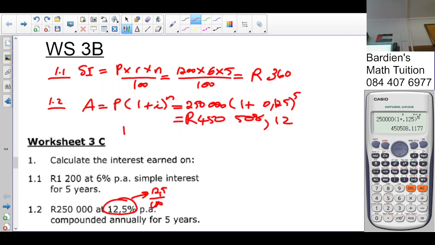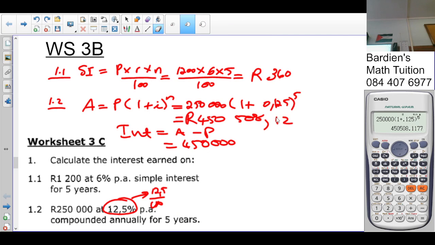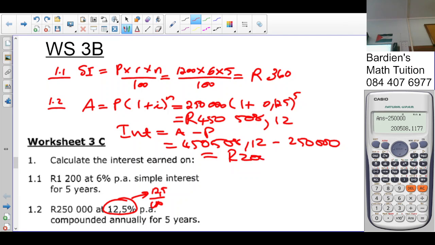No. So the interest is going to be A minus P. So it's 450,508, comma 12 minus 250,000. That should give us an answer of 200 and something thousand. 200,508, comma 12.